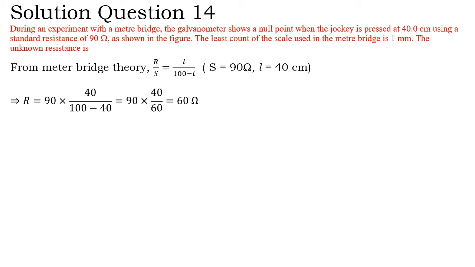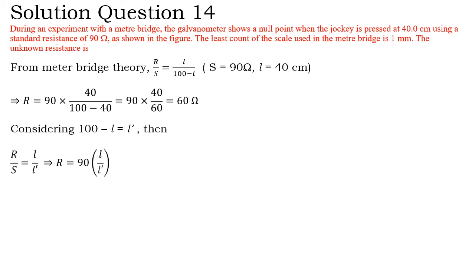Then, since we have found the value of R, let us consider 100 minus L is equal to L dash. Then the Wheatstone bridge balance point equation is R by S is equal to L by L dash. Thus R becomes equal to 90 into L by L dash.